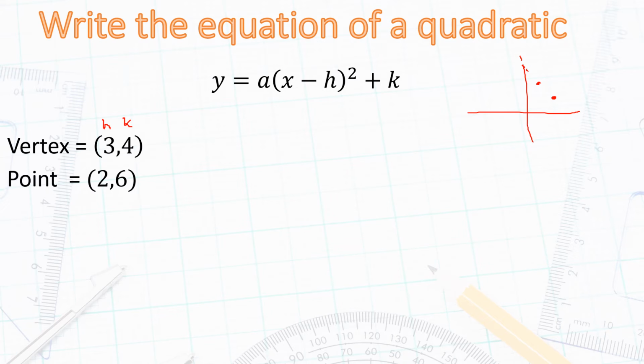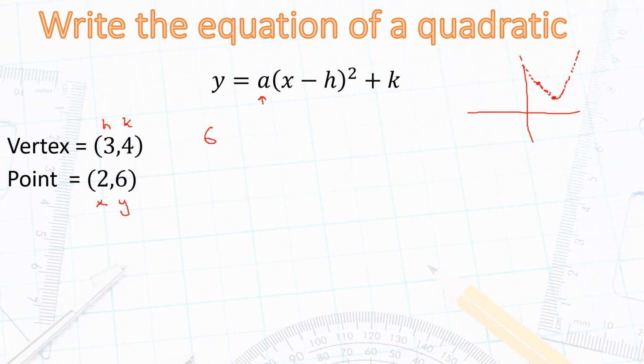So it's going to be this U-shaped graph because the point is higher than the vertex. And we need to figure out, well, what is that a value? What is that vertical stretch or compression? So if I sub in the x and y value I know for x and y in the equation, that will leave me with just a to solve for, and I can find out what that a value is.